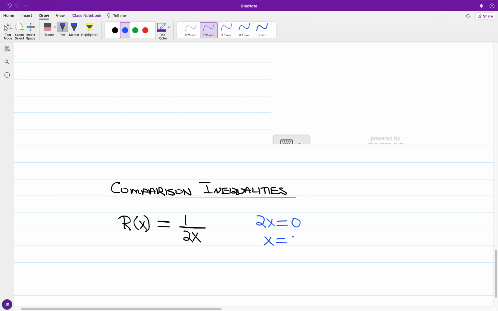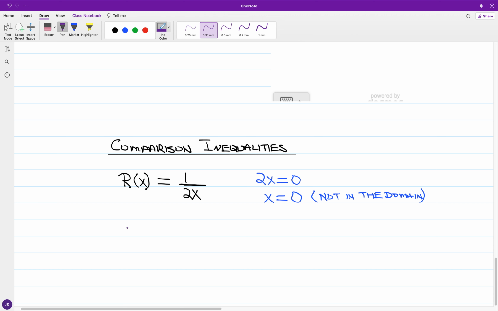So 2x is equal to 0, and from this x is equal to 0, and since this stems from the denominator, this is not in the domain.